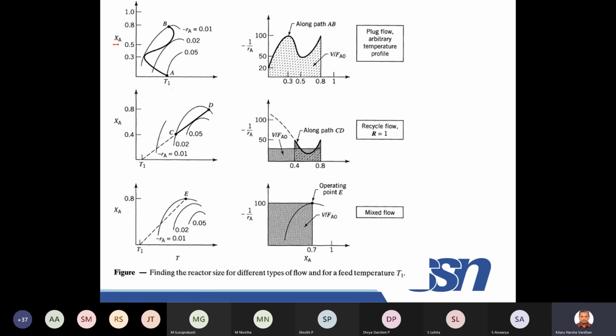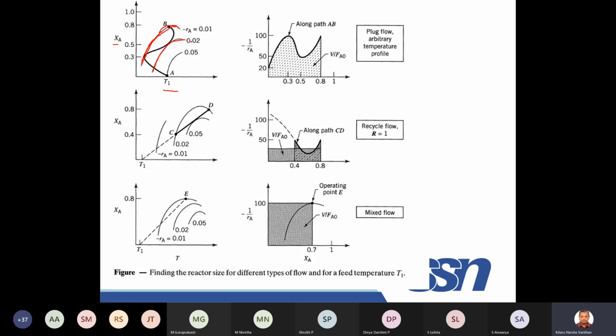For different XAs and different T's, you get this particular curve, which has the same minus RA, that is 0.01. Like that, with different XAs and different T's, you plot points first and then draw a smooth curve.